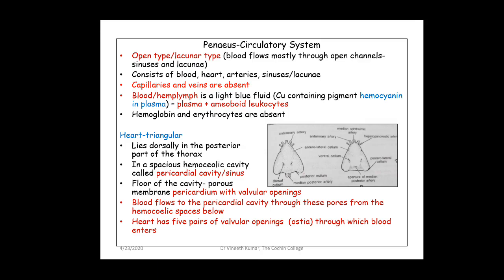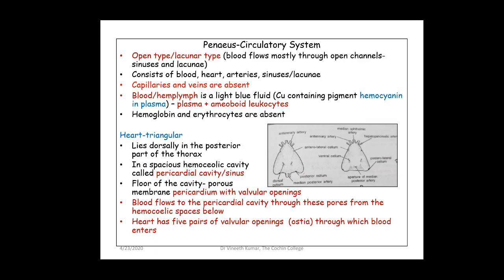Coming to the heart, it is triangular, as you can see in the diagram, and it lies dorsally in the posterior part of the thorax. It's seen in the thoracic region and the dorsal region towards the posterior side of the thorax. This heart is embedded in a coelomic cavity, which is called the pericardial cavity or the pericardial sinus.